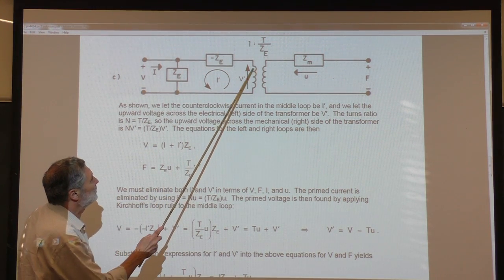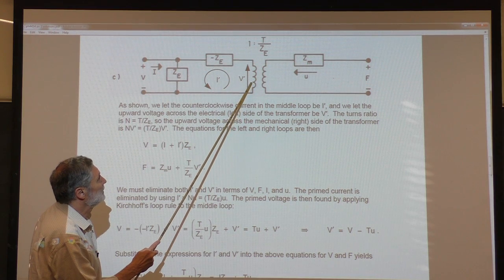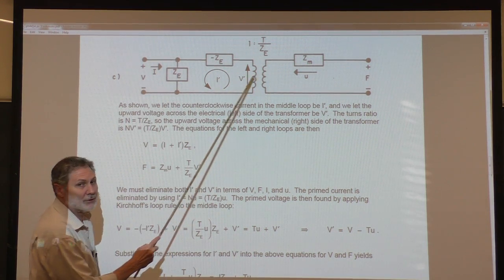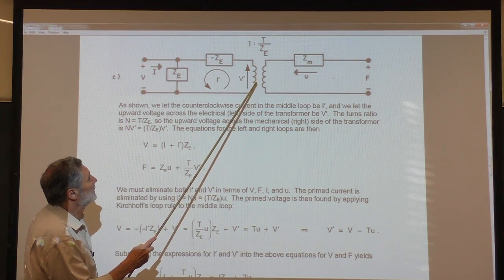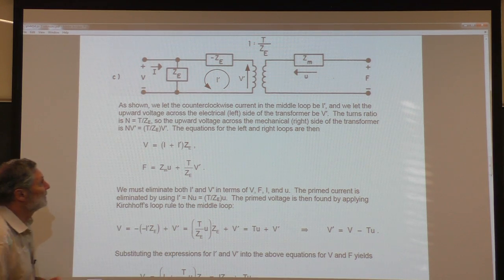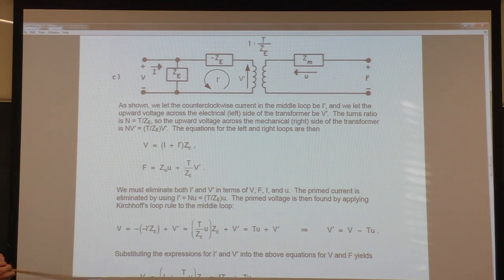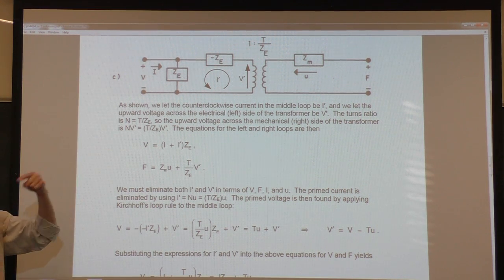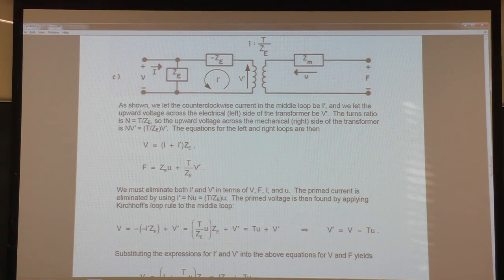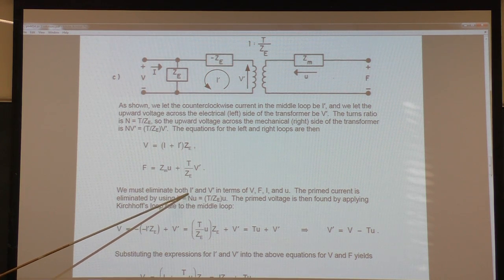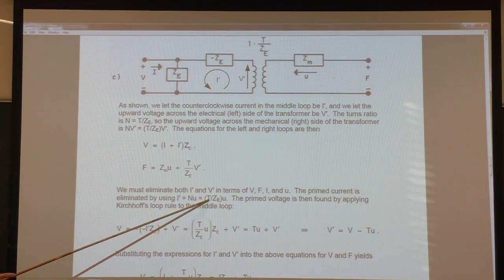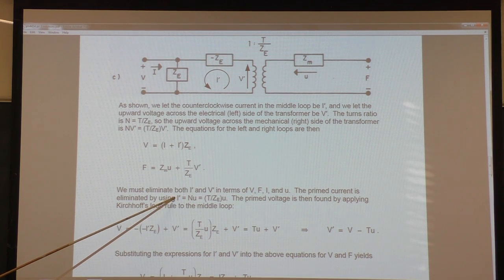I've got this I prime here. I know there's going to be a relationship between these two currents. This current is going to be down by a factor of N from I. It's the opposite: it steps up the voltage, let's say, it steps down the current, and vice versa. So that gives me this right here, and I've substituted what N is. So we can find I prime.